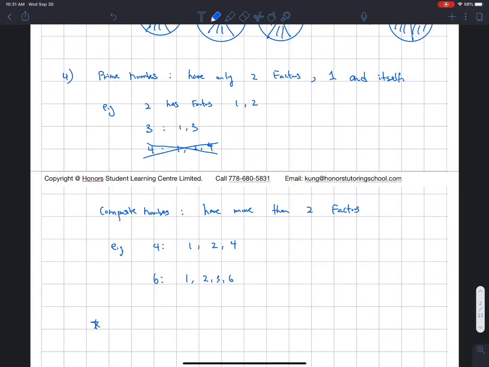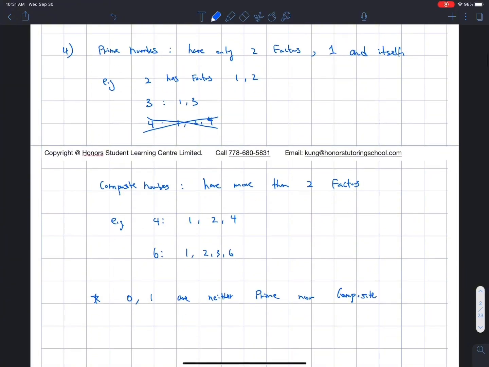Something that we need to know is 0 and 1 are neither prime nor composite. This is because 0 really has no factors, right? 0 is not even divisible by 0. You can't do that. And 1 only has 1 factor.